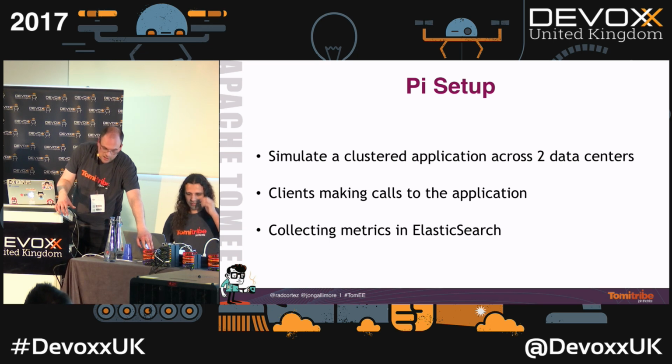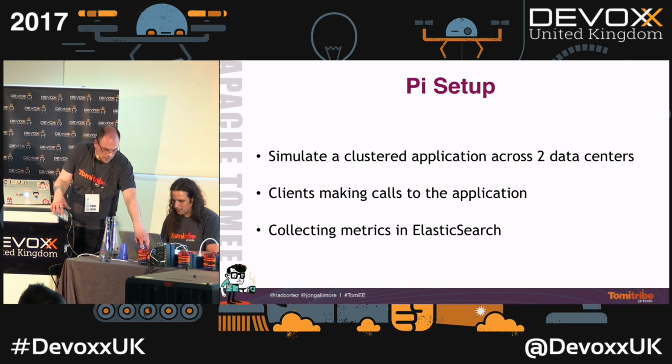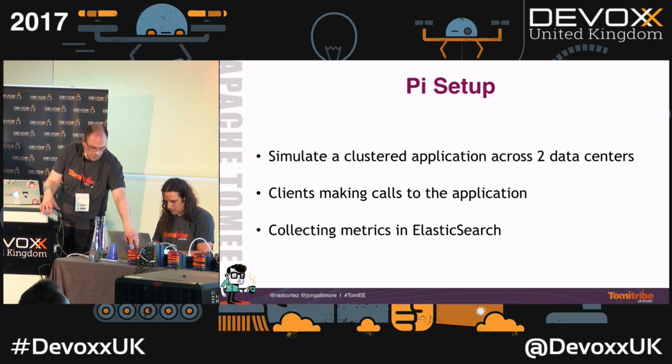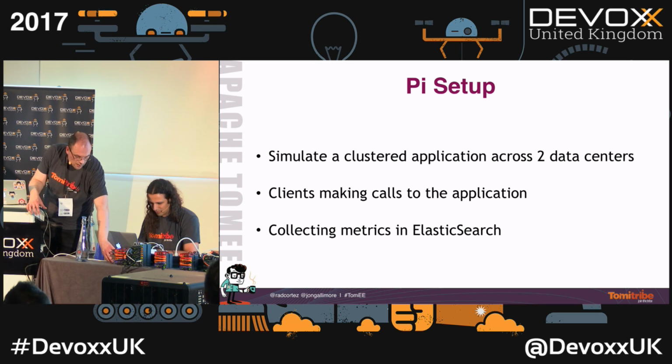We have an HAProxy setup that is load balancing traffic across these two data centers. Then we have a load balancer, which is the Raspberry Pi in red at the top of each stack. We have two TomEE servers running on the orange Raspberry Pis, and we have a MySQL database running on the purple Raspberry Pis at the bottom.